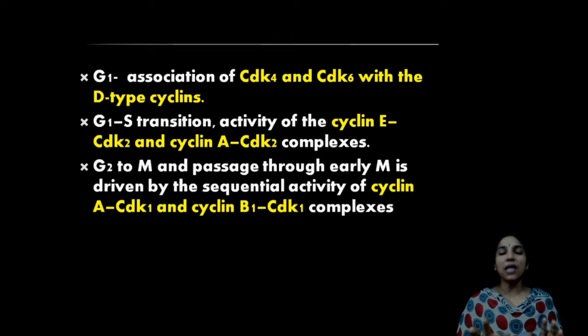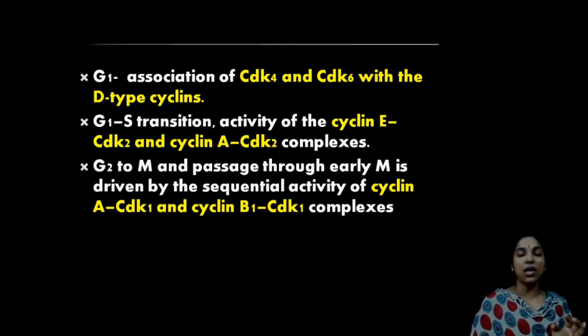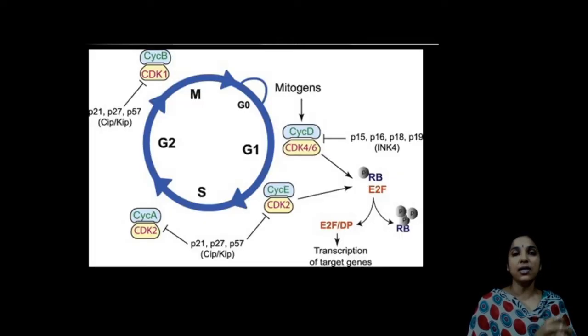Okay, so these are the initial, introductory points regarding this. You can see in this image the different checkpoints. See, G1, S, G2 and M. Here is one checkpoint, here one, here one. Okay, and this is the G0 phase. You can see different types of cyclins and CDKs at each stage, and these are all different types of proteins and activated genes.